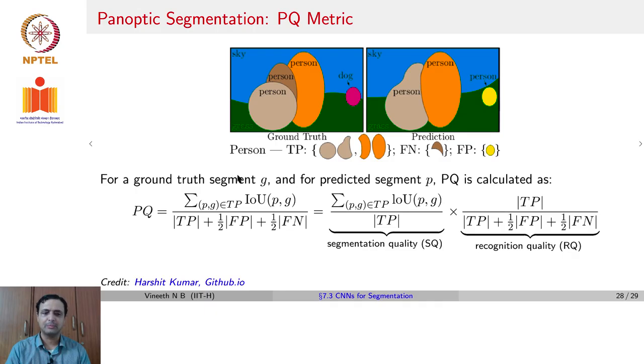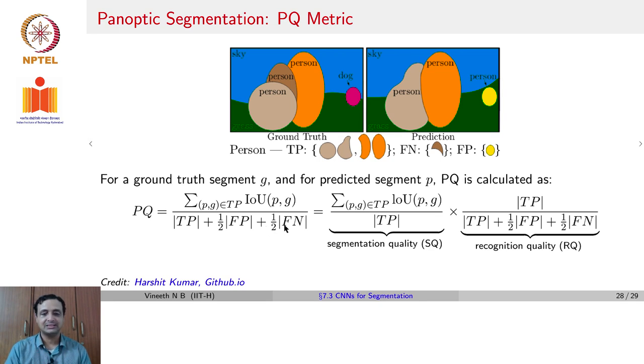So for a ground truth segment G and for a predicted segment P, the PQ metric is computed as summation over all (P, G) pairs belonging to true positives, intersection over union for those pairs, divided by number of true positives plus half times number of false positives plus half times number of false negatives.